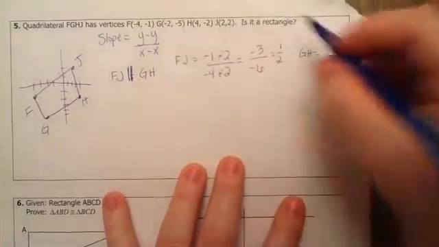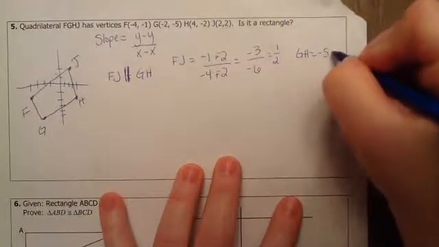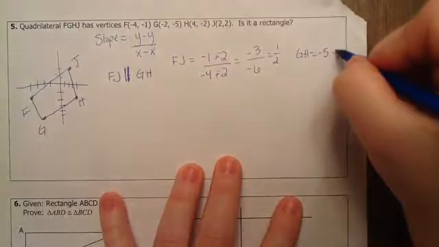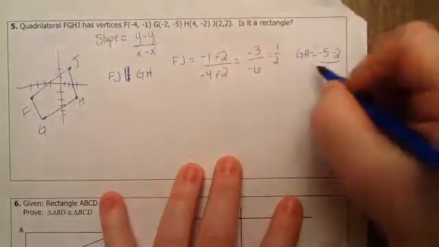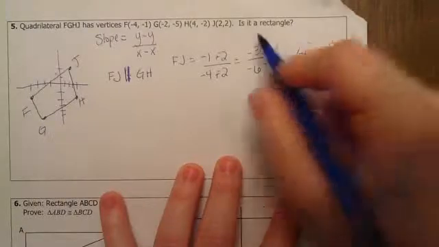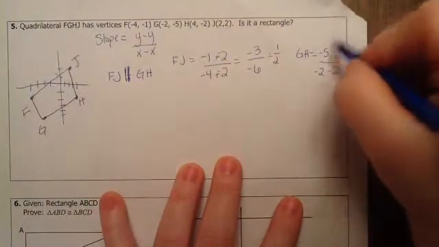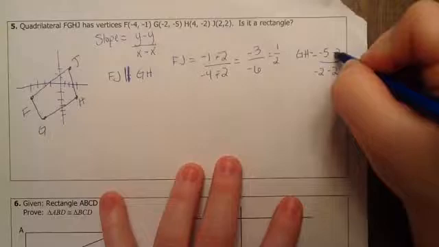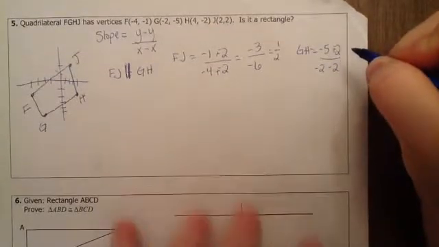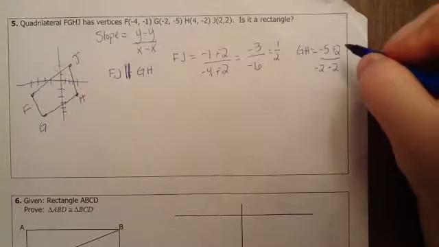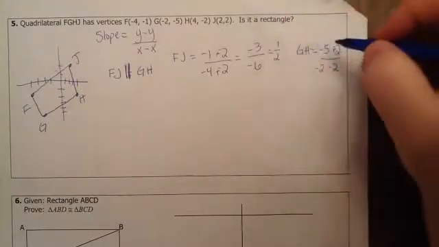Subtract the y's, -5 minus -2. Oops, I used J. Shoot.